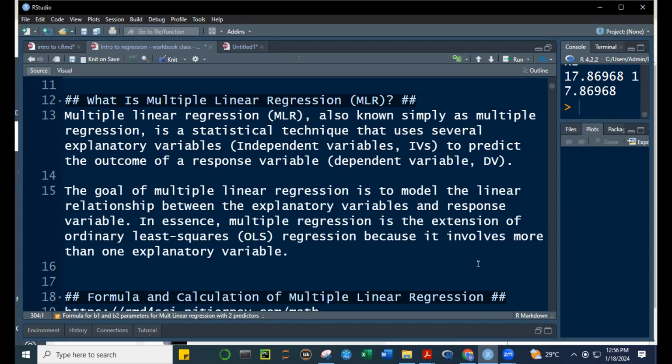Another main objective is for you to be able to forecast your dependent variable. Given the values of your independent variable, you will be able to forecast the value of your dependent variable. Now, the method used for multiple linear regression, which I'll discuss in greater detail as we go along, is what we call the ordinary least squares.